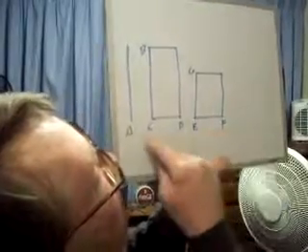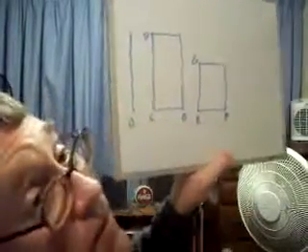Therefore, the square on EF is also commensurable with the square on CD. This square is commensurable with this. And this is by Euclid Book 10, proposition number 11.